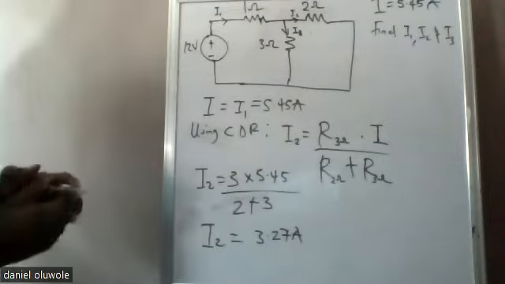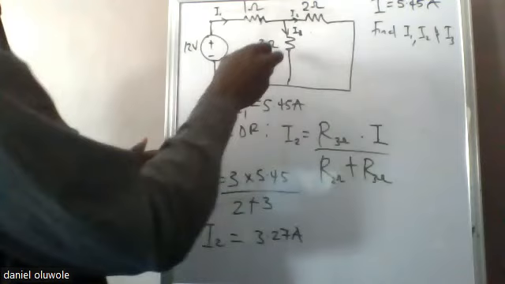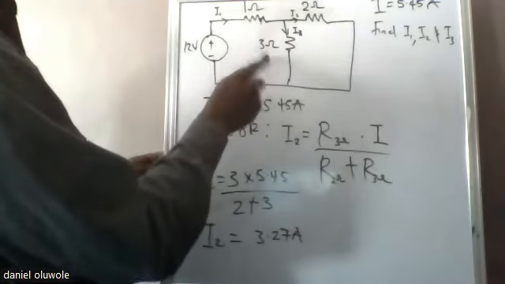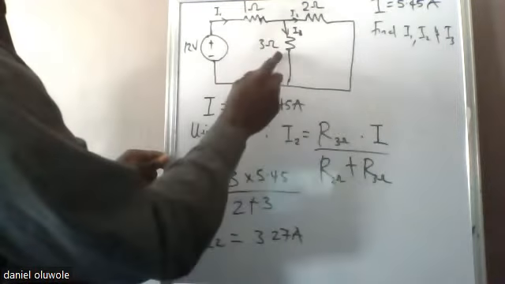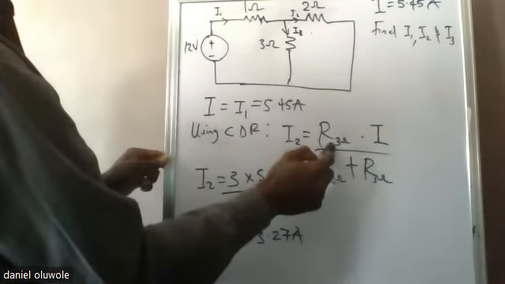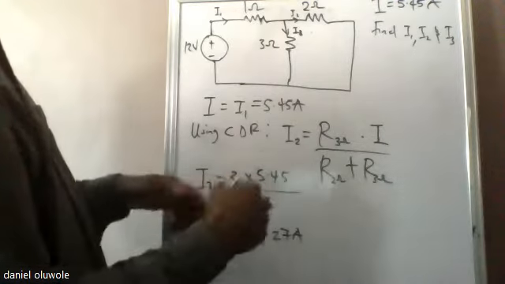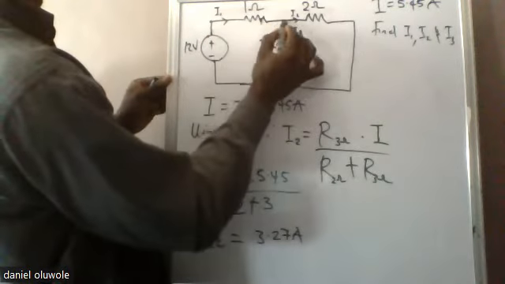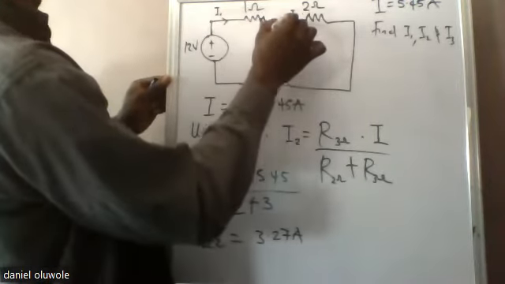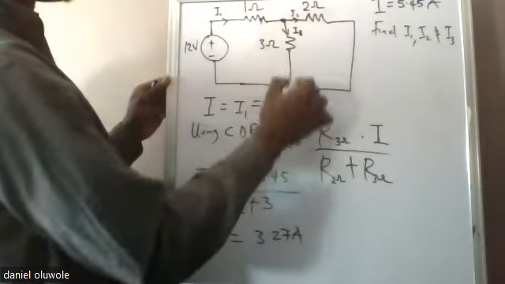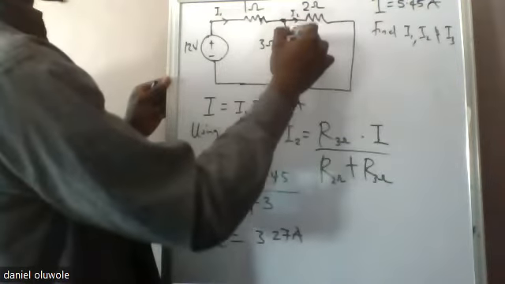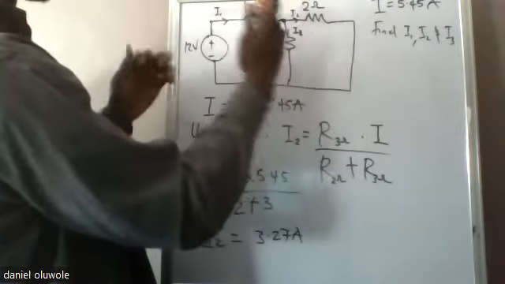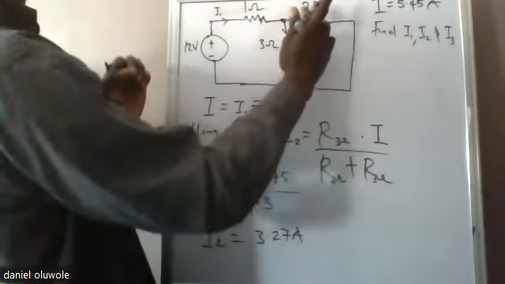And we can also use current division to get our I3, which will just give us I times 2 over the sum. But a very easy way to do this: I1 was coming into the node, and it split into two to give I2 plus I3.